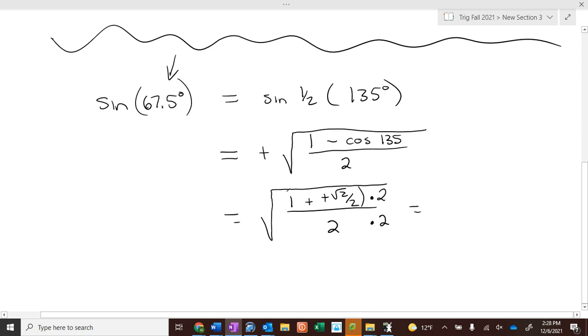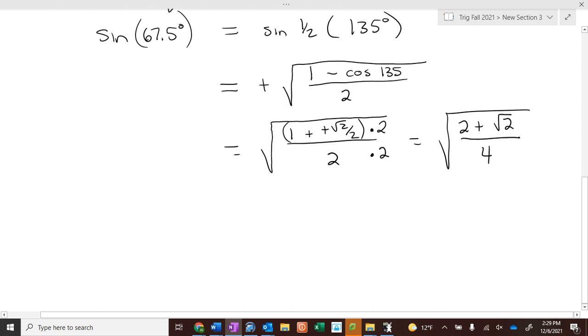So, if I distribute my 2 on the top, I get the square root of 2 plus the square root of 2 over 2 times 2, which is just square root of 2. On the bottom, what's 2 times 2? 4. What's the square root of 4? 2. So it's the square root of 2 plus the square root of 2 all over 2.